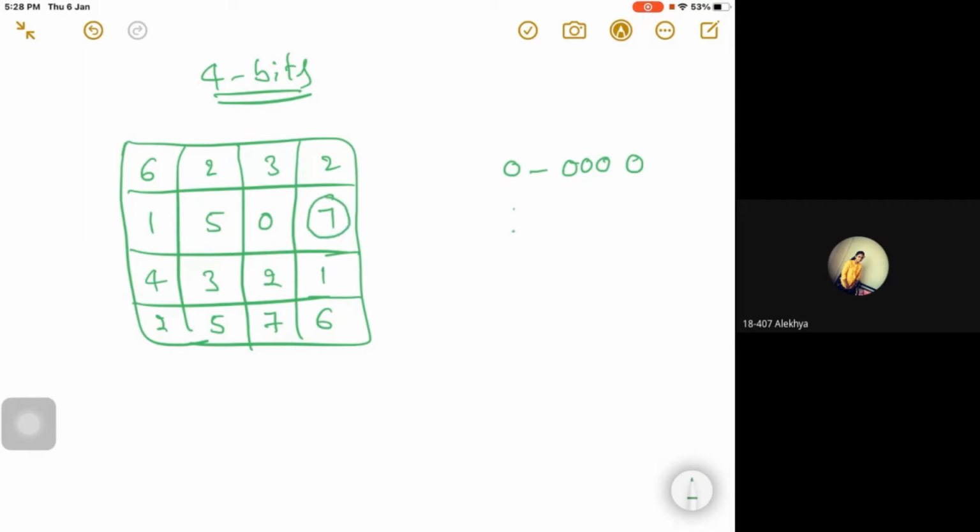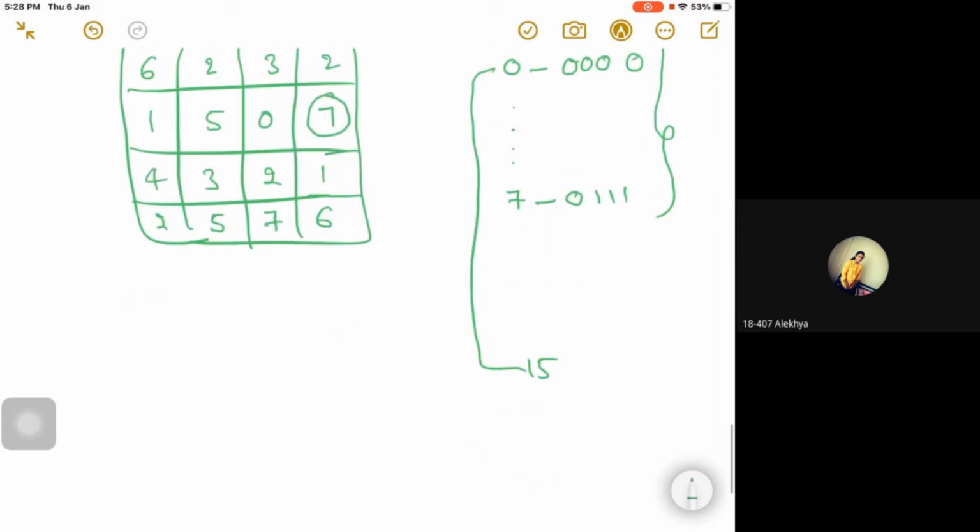For 7, using 4 bits, 0111. Even though 4 bits can represent 0 to 15, totally 16 values, the given image consists of only 0 to 7. Now let us write each value in binary.